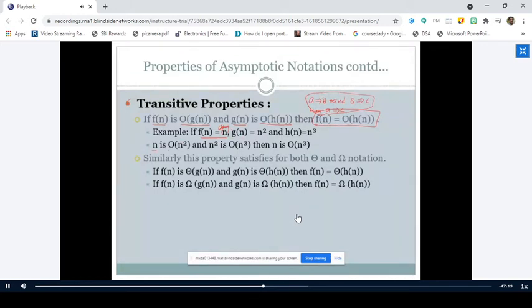So n is big O of n square, and n square is big O of n cube. Then n is big O of n cube. Is it true or not? According to the transitive property, this rule is applied, and it is very much true for this problem. And this property is always true in case of big O, omega and theta also. Is it clear?